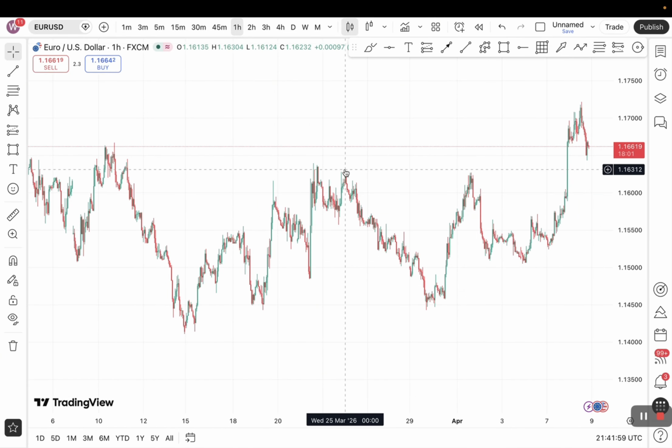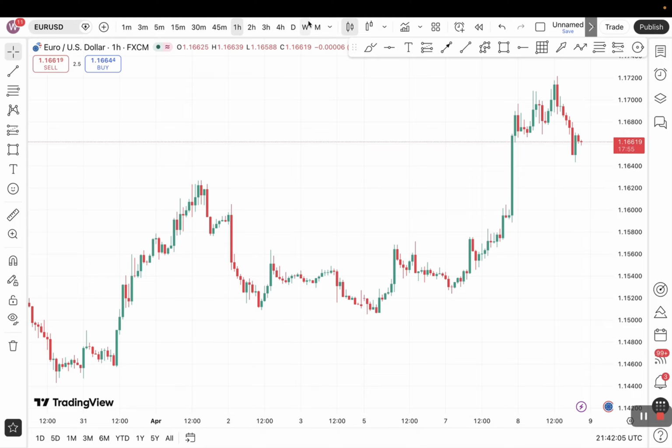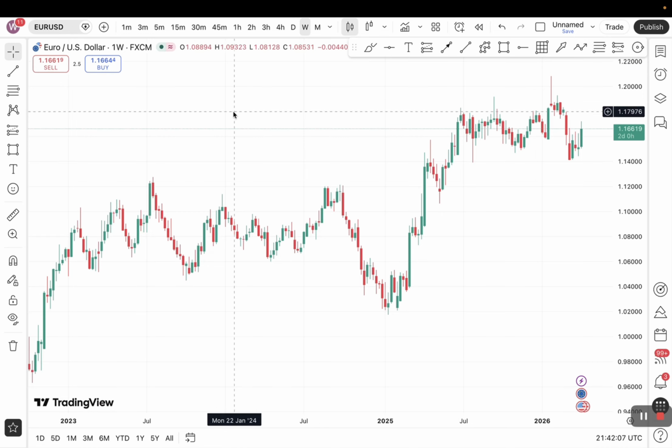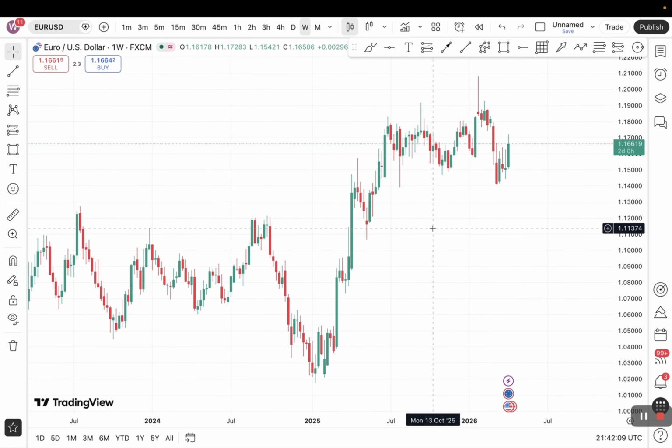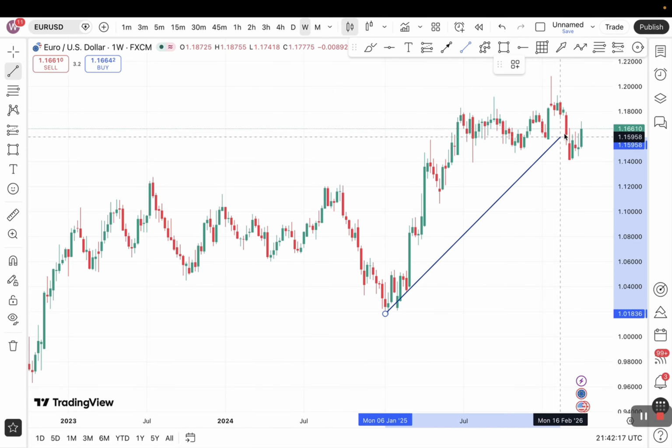If you want to start your analysis as a forex trader, you need to first start from the weekly, to confirm the trend very well. When you look at the chart here, the market is doing something like an uptrend from this level to this level.